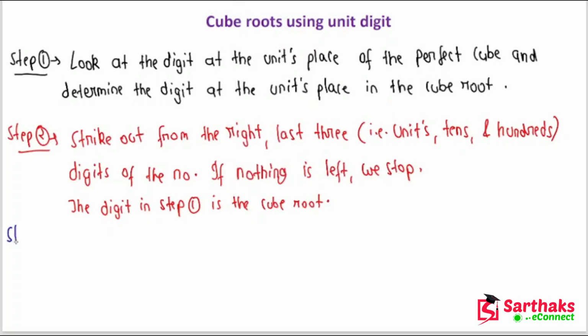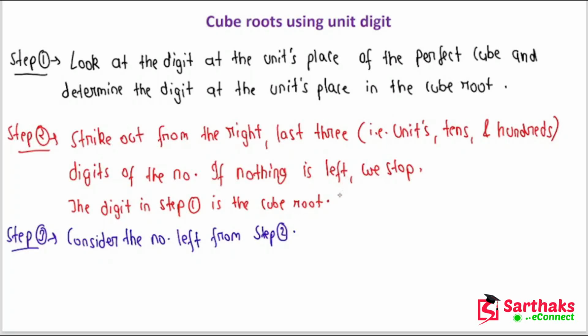Now suppose our number is 4, 5 or 6 digits, then after striking 3 digits we will have something left. So that is also easy. Consider the number left from step 2.